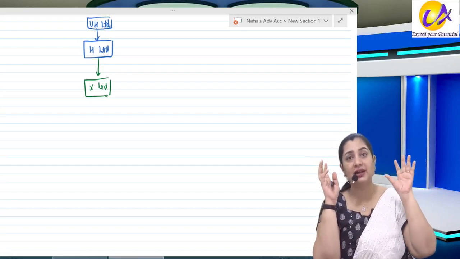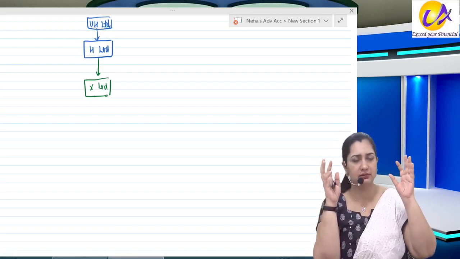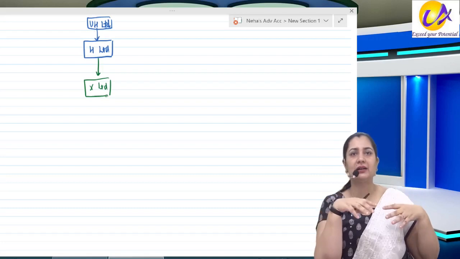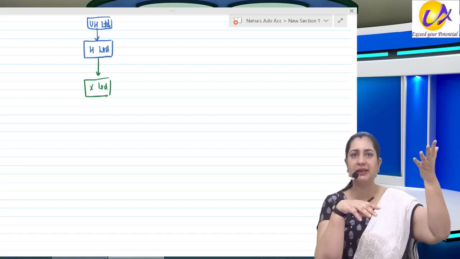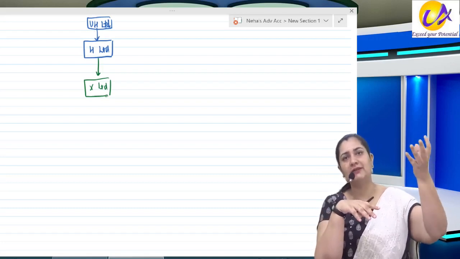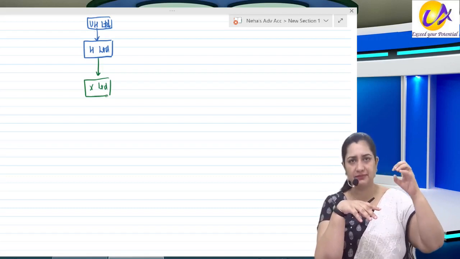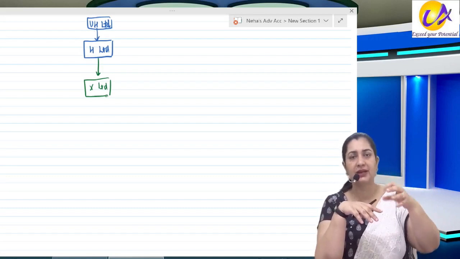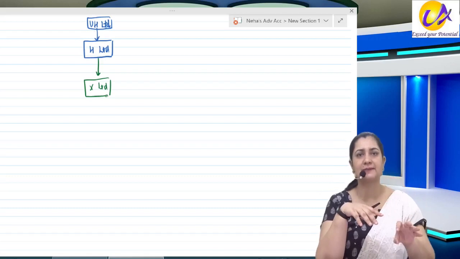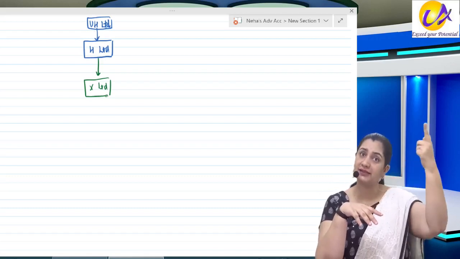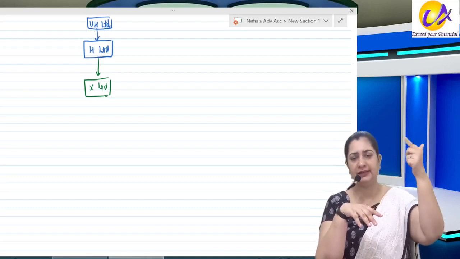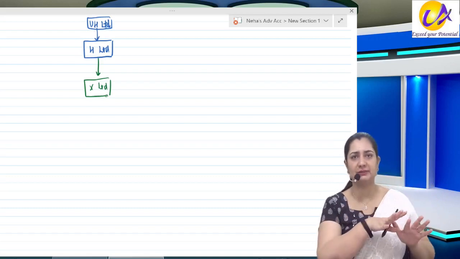Tata Sons is the ultimate holding company of, say, any other Tata company. So Tata Sons is having, let's say, TCS, Tata Consultancy Services. Tata Consultancy Services having another subsidiary, X Limited. So Tata Sons becomes the ultimate holding company. Then we have holding company and then we have X Limited.